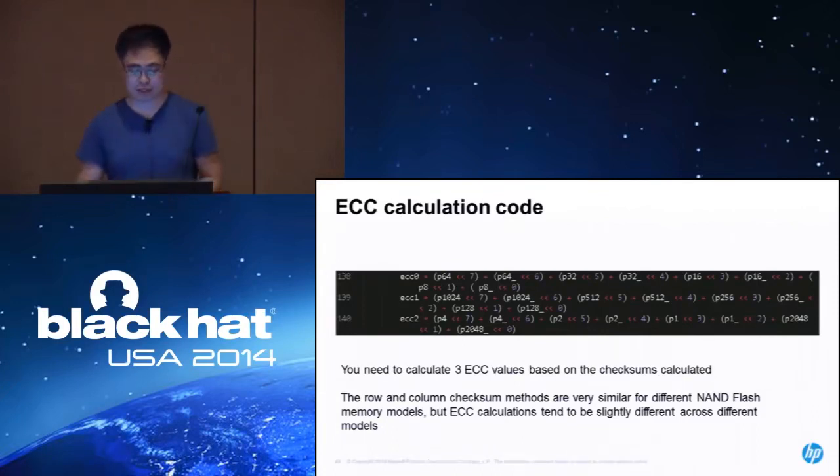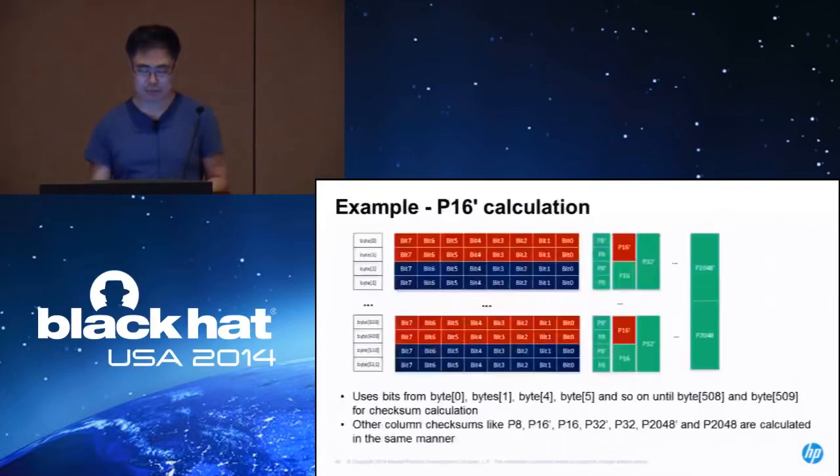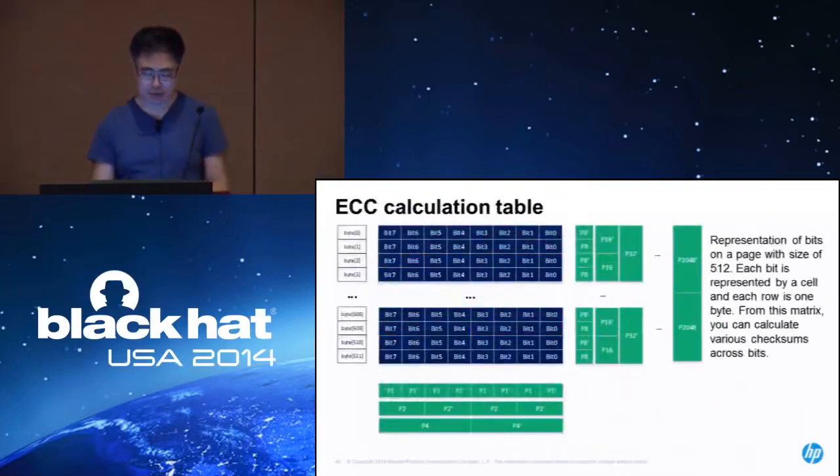And using these 3 bytes, for example, go back to here. If you think that, for example, bit 0 is wrong, it will trigger P8 apostrophe, P16 apostrophe, and P32 apostrophe, and so on. It will make all these parity bits wrong. And on the column side, it will make P1 apostrophe, P2 apostrophe, and P4 apostrophe wrong.